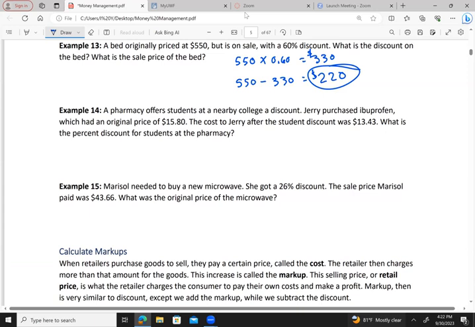Well, we can find the difference in the price to find the discount in dollars. 15.80 minus 13.43, and we get 2.37. And then to find a percent, we take 2.37, the part, over the whole, 15.80 times 100. 2.37 divided by 15.80 times 100 is 15%.